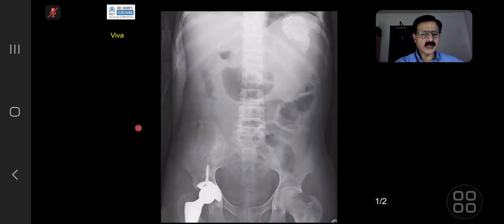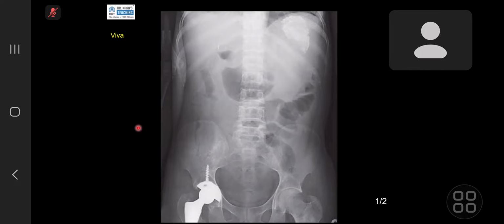Candidate 1, over to you. I am presenting an abdomen radiograph, frontal view. I can see H-shaped vertebra in L4, especially in the L4 vertebra.